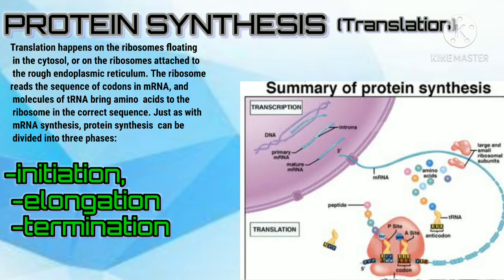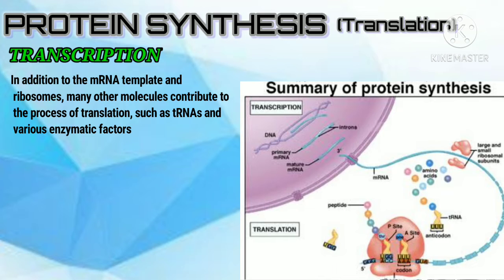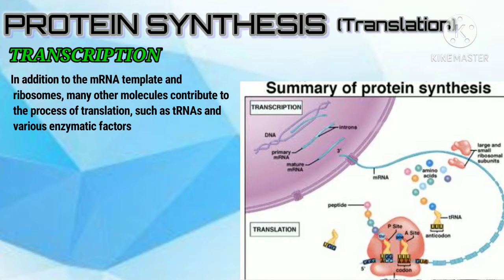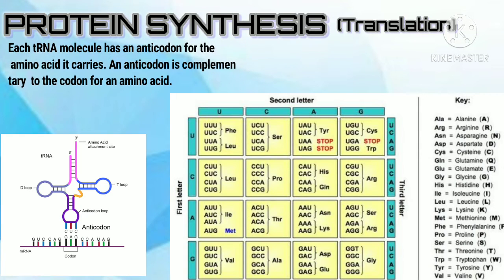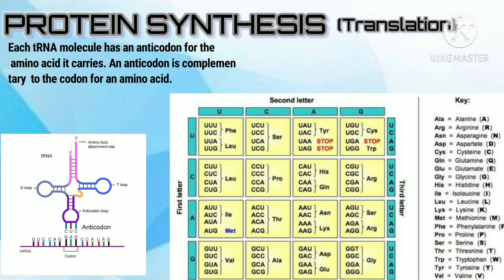In addition to the mRNA template and ribosomes, many other molecules contribute to the process of translation, such as tRNAs and various enzymatic factors. To understand the role of transfer RNA, you need to know more about its structure. Each transfer RNA molecule has an anticodon for the amino acid it carries.